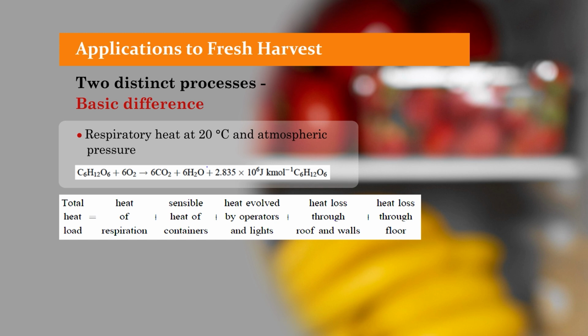So in a cold storage structure, what do we need to take care of for the total heat load? Heat of respiration, sensible heat of the containers and of the food itself, heat evolved by operators if there is movement within that zone, heat loss through the roof and walls, though insulation is provided, it is definitely not totally inert, and heat loss through the floor. All of that is accounted for, and that is how the cold storage is designed.